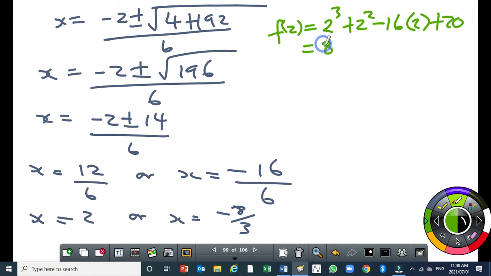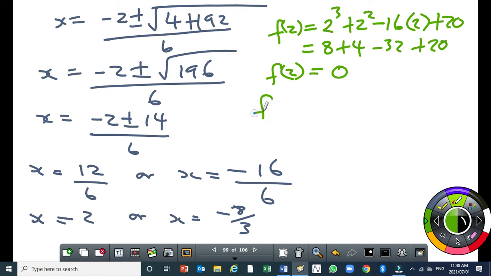This will give me 8 plus 4 minus 32 plus 20. Can someone tell us the answer here? 0. Okay, it will be 0. Now that 0, it's a good thing that we are getting 0. It's a sign that we have a stationary point or a turning point on the x-axis.